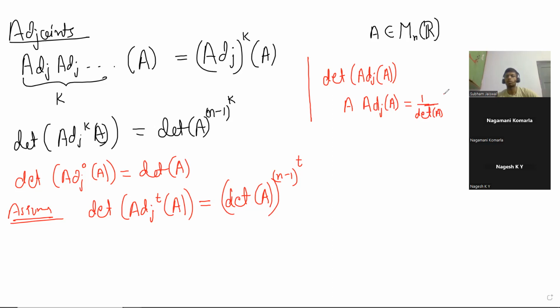So Nagesh, try to tell how you do it for k equal to 1. When k is equal to 1, can you see this? Because that's a very important identity.